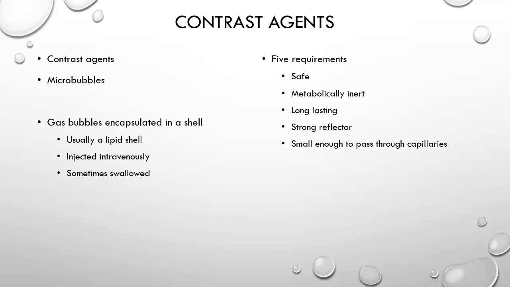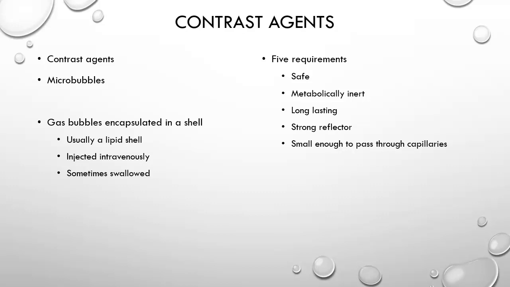It goes in intravenously. Sometimes you can swallow it, but generally it goes in intravenously, and then it's small enough to pass through capillaries, so it goes from the veins into the lungs, back to the heart, and then out to the rest of the body.